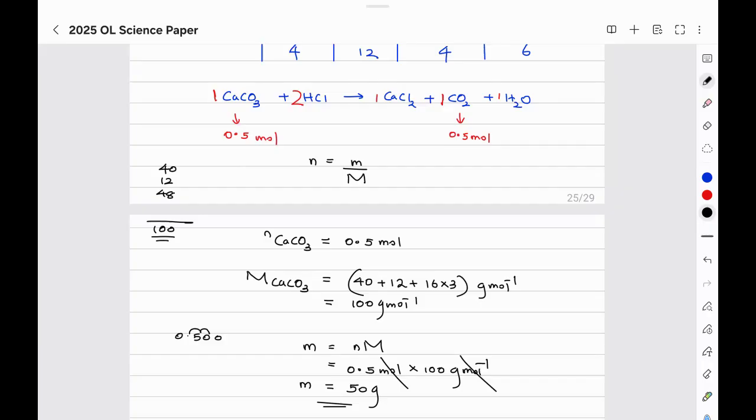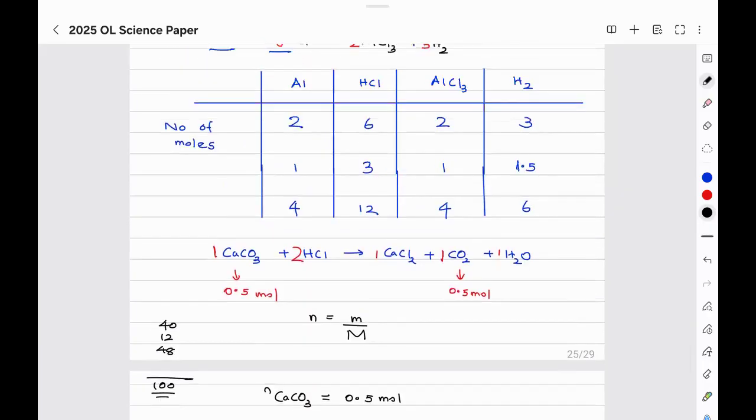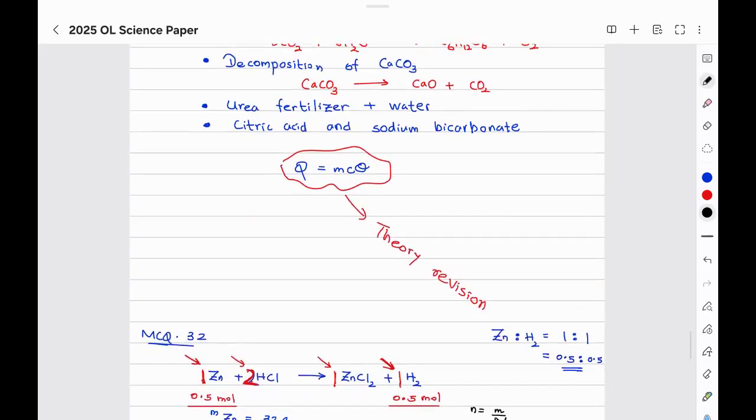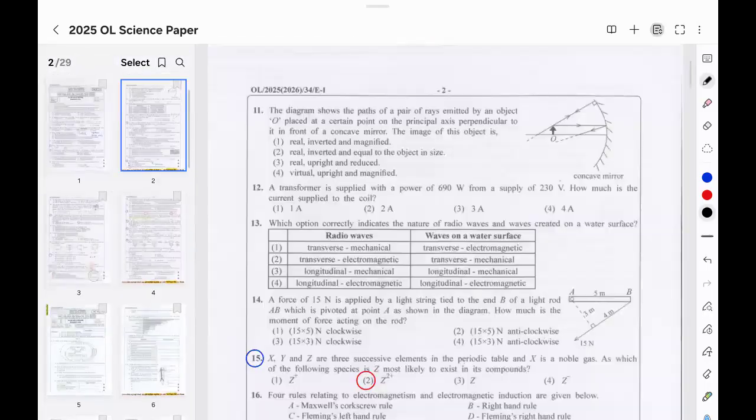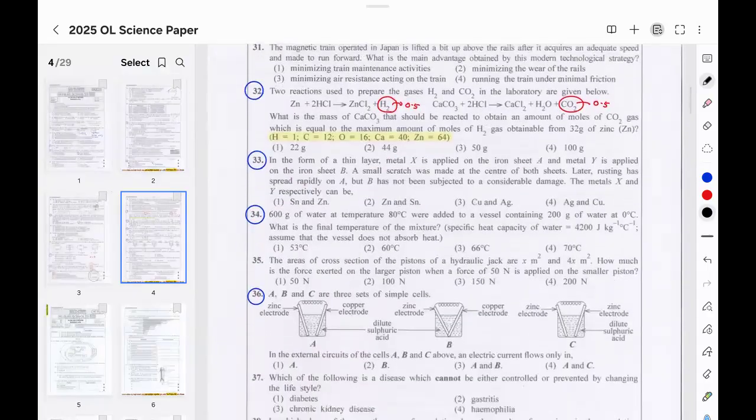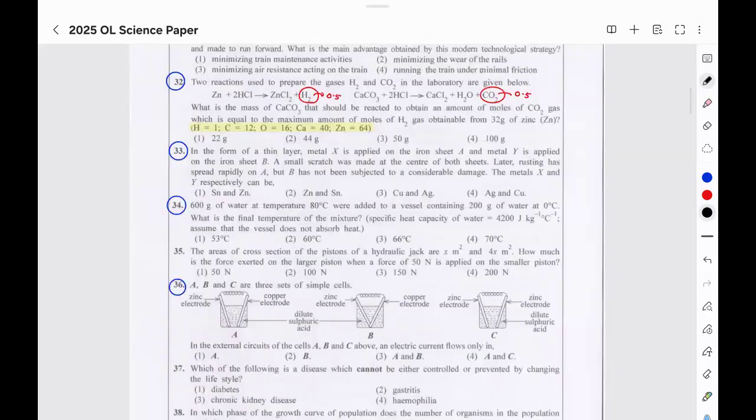If you have any doubts, you can ask me before we move to the next MCQ. Then MCQ number 32. MCQ number 32 answer is 50 grams.